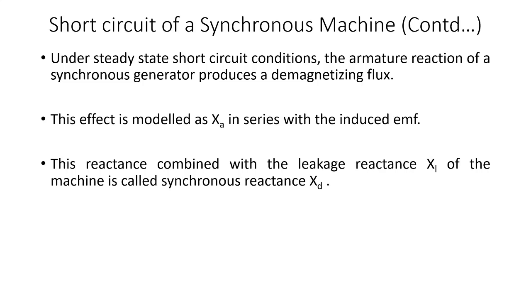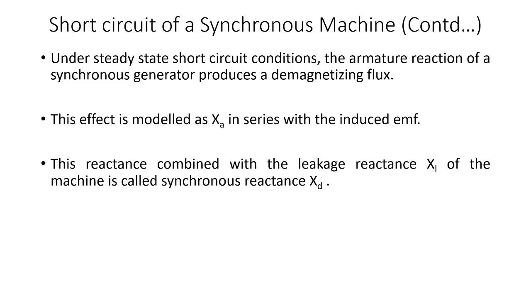Now the thing to understand is that the armature reaction, or rather XA, is not an actual reactance. It is a modeling of the demagnetization flux that is created by the armature reaction in the circuit.